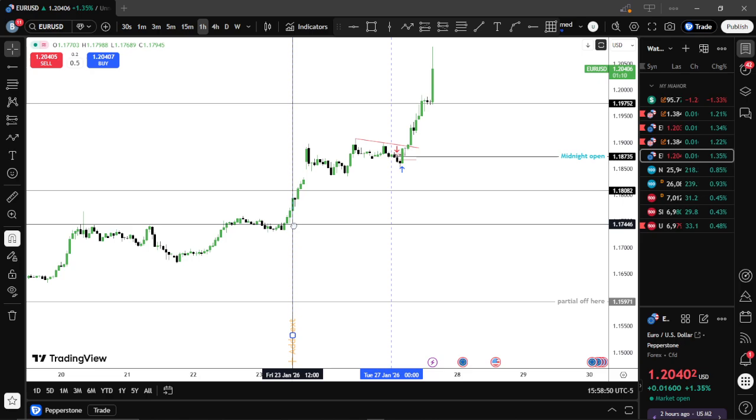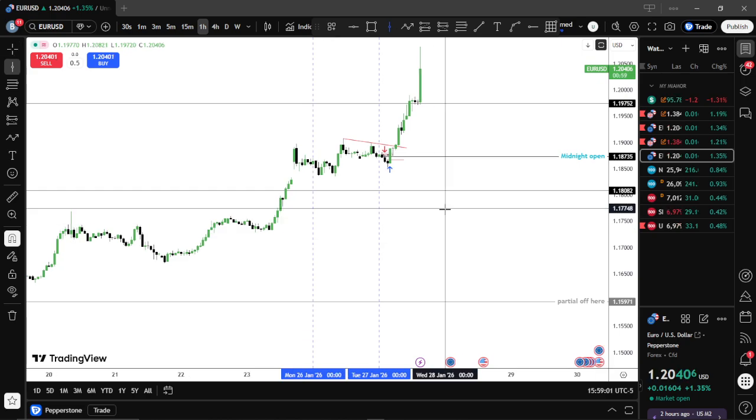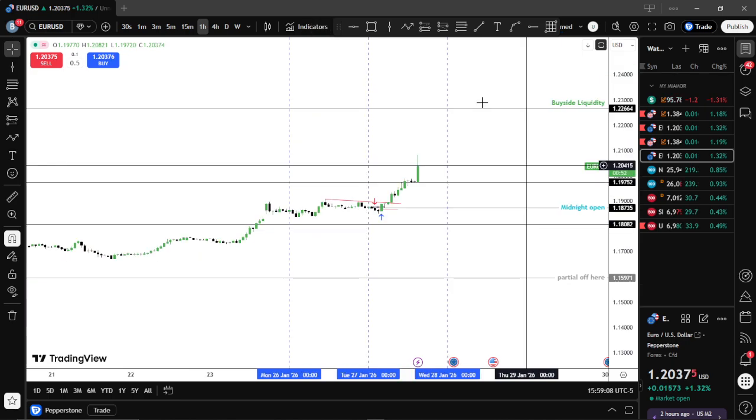That's Monday, Tuesday, and tomorrow. So my bias still remains kind of bullish. I think this high is very relevant, but before we get to that high, what I'm looking for right now is we can get a little bit of retracement because we're really taking out a large pool of liquidity.